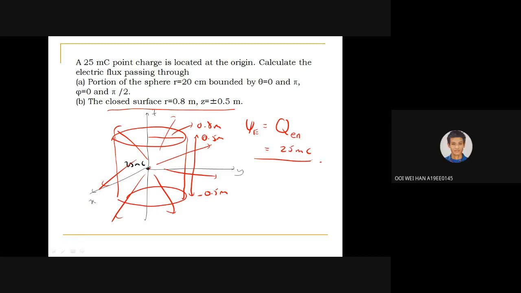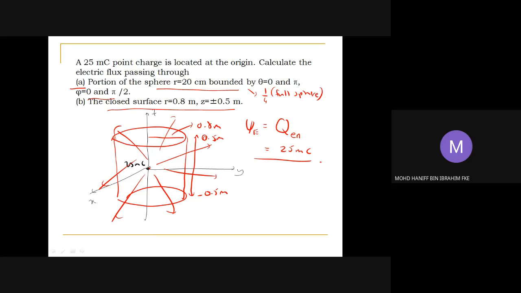Yes. Just now for part A, we want to divide by 1/4. I don't understand. Okay, because for part A just now, your portion of a sphere is 1/4. If you sketch this surface clearly, this portion of a sphere is 1/4 of a full sphere. Imagine that you have a ball. You cut the ball into 4 similar sections.